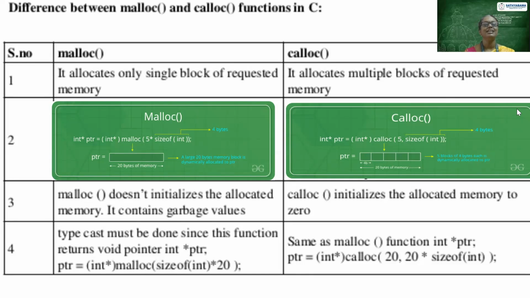Typecast must be done since these functions return void pointers. ptr is a pointer variable, int asterisk ptr. In both cases that is very important. 5 into size of int, and this is 5 comma size of int. Mainly this is the important difference between malloc and calloc.